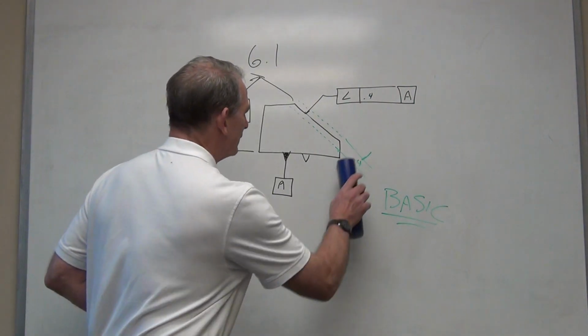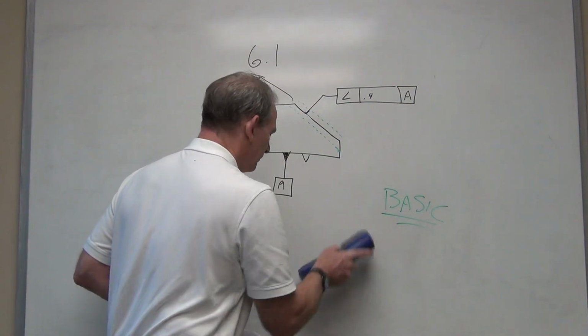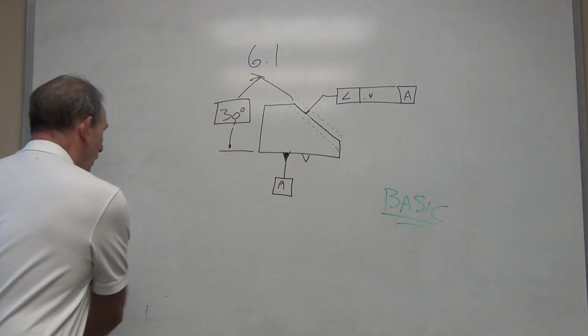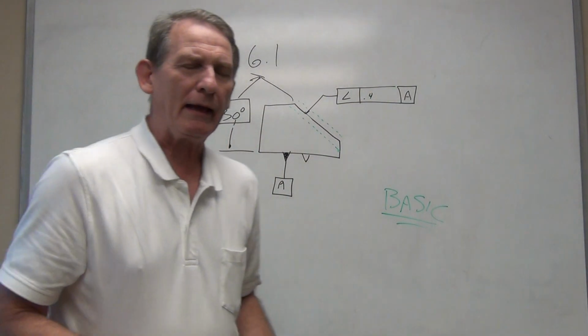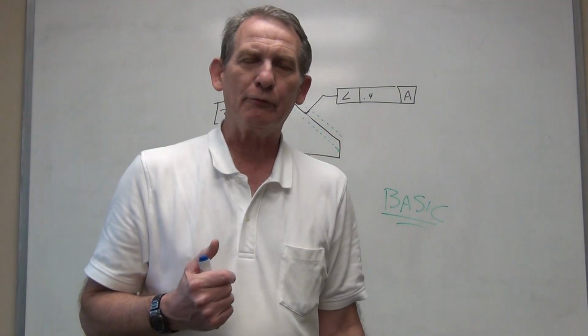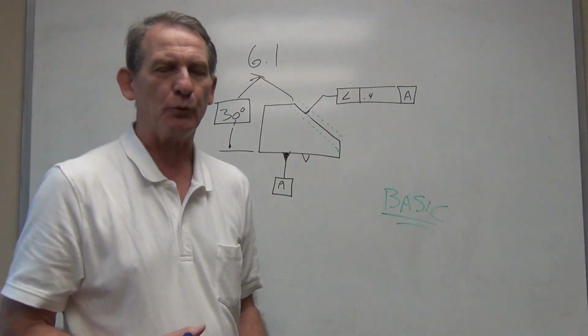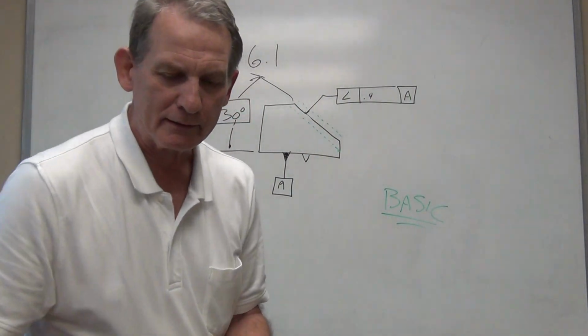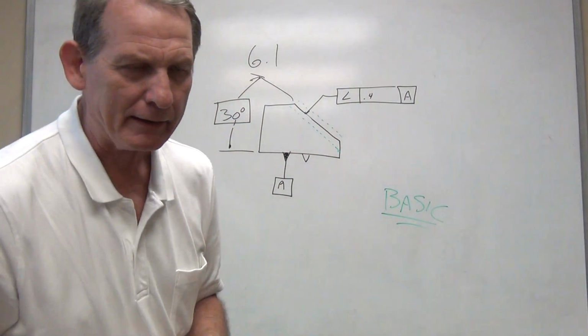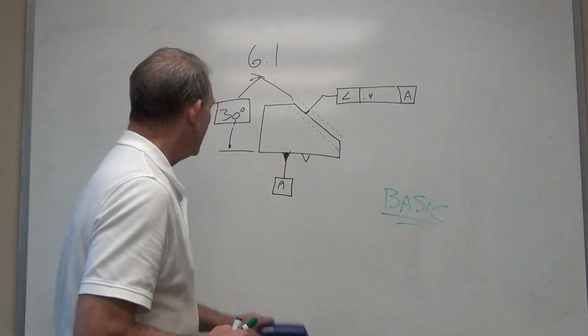I'm going to take this out of the way here because I want to draw what that tolerance zone would be if we did not use an orientation control, if we used the old-fashioned way of plus or minus, in this case, an angular amount.